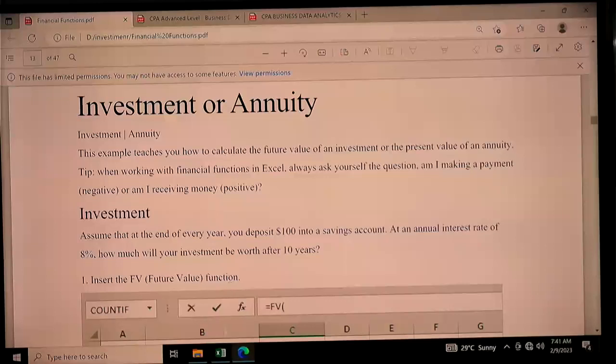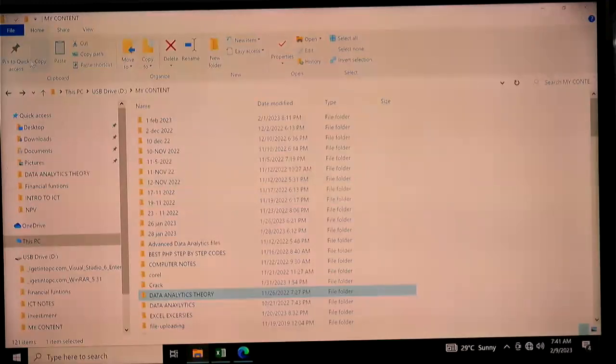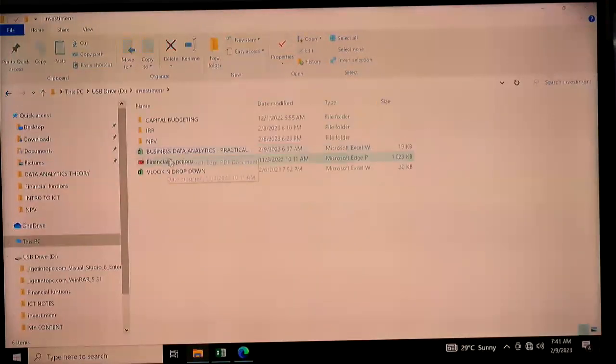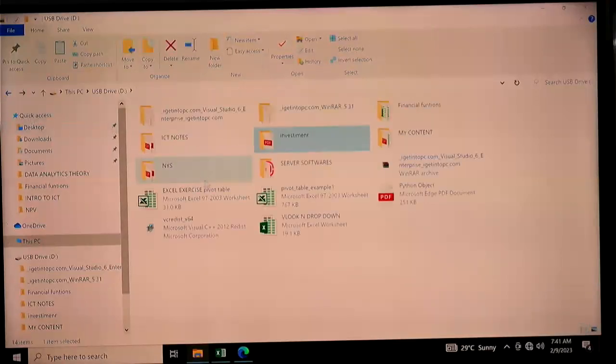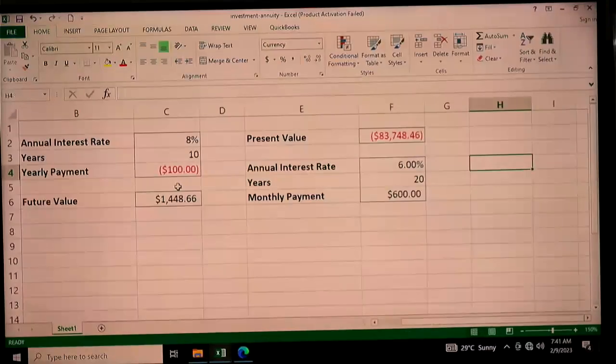So in a very simple way, we are going to check this function here and how you can use it to compute some values. So I'm going to open a worksheet. This worksheet, we have to share it. Let me see whether I have it here. Then I'll open the investment and annuity file. Good.